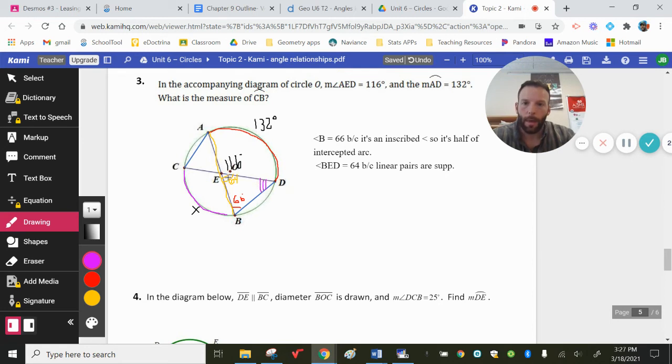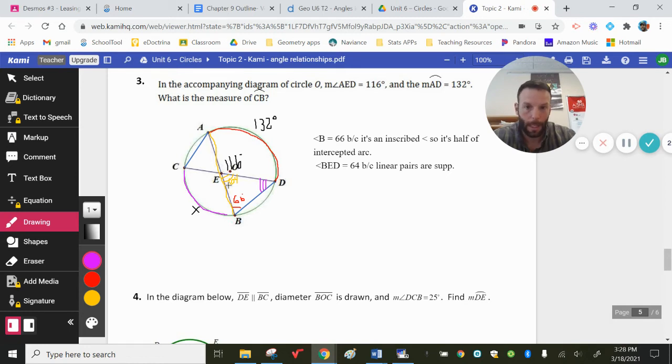And yes, it is intercepted by the angle CEB, but because that point E is not one of our key angles that I'm looking for, I'm looking for the angles that I can find either on the circle or in the very center of the circle. If it's not on the circle or in the center of the circle, I kind of want to stay away from that one.